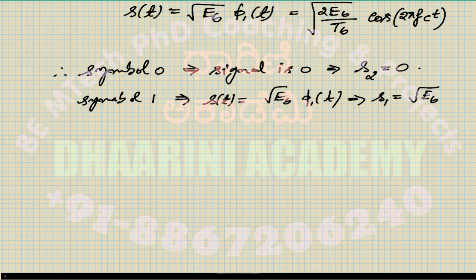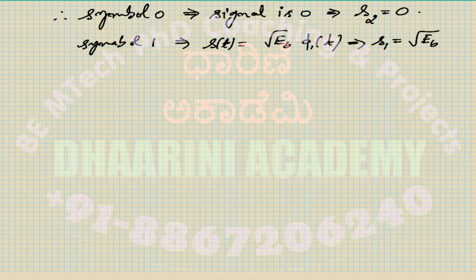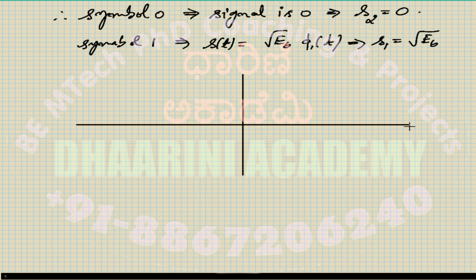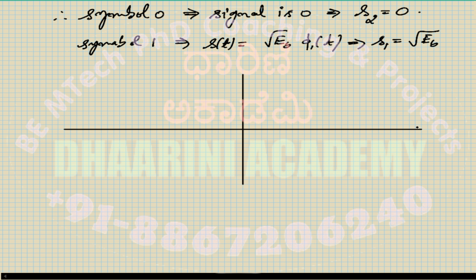So let's try to plot this. On this axis, it is phi 1, and I don't need any other axis actually. Okay, so let me mark a point over here. This is the root of EB, and I'll write a 0 over here. Let us say this is corresponding to 0. This is something like the origin.